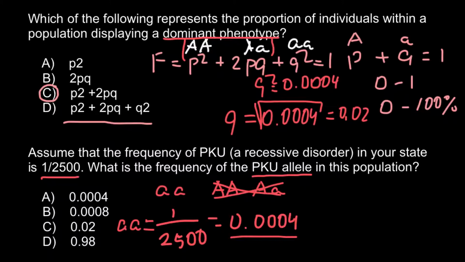And as you see, we have such an answer. This is answer C, and this is the frequency of the recessive allele a in this population.